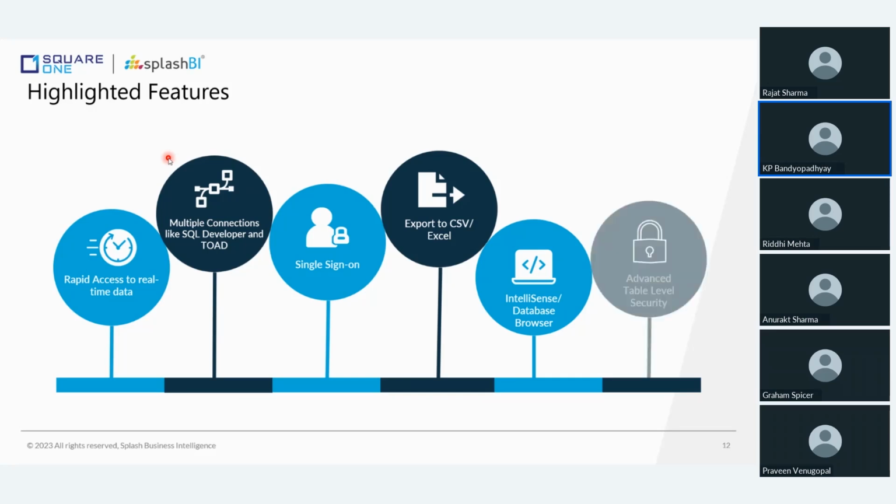And lastly, we also have advanced table level security. This is basically a feature that is very unique to SQL Connect. Sometimes you may want some users to access all tables, but there are always some particular users whom you do not want to see all of the data.